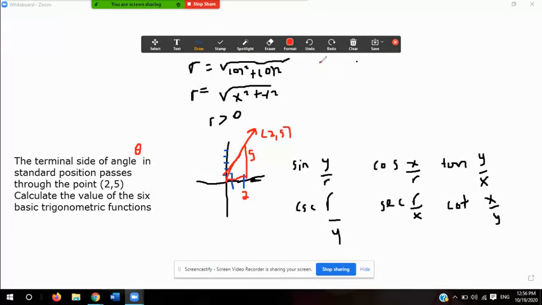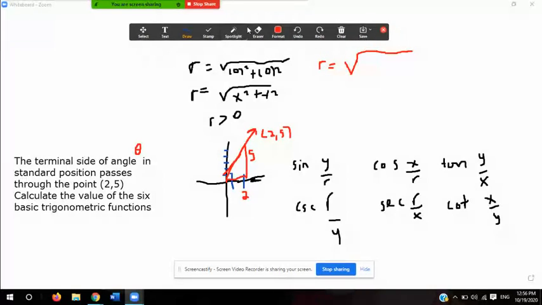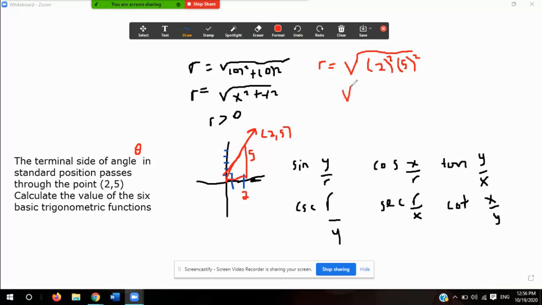So r equals the square root of x, which is 2 squared, plus y squared, which is 5 squared.